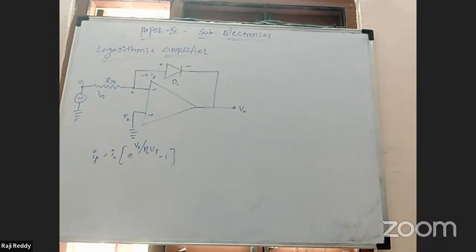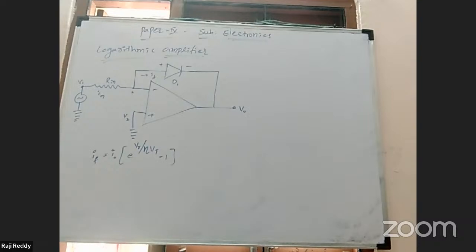Eta is a constant, unity. VT is the voltage equivalent of temperature. Eta, as we considered in the previous one, is the efficiency of the diode.